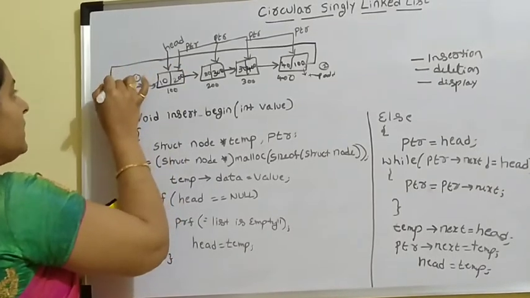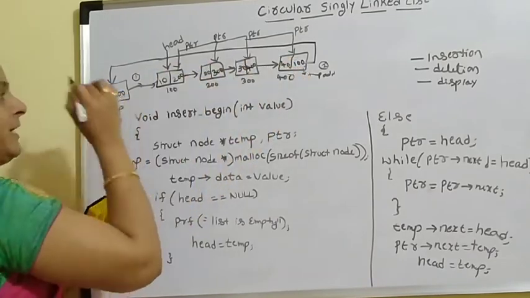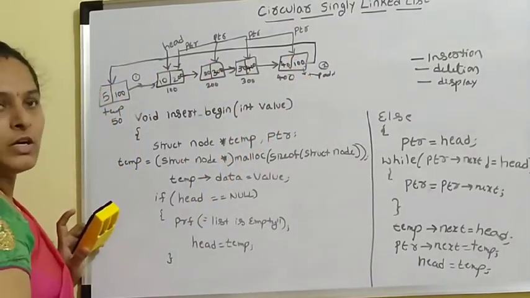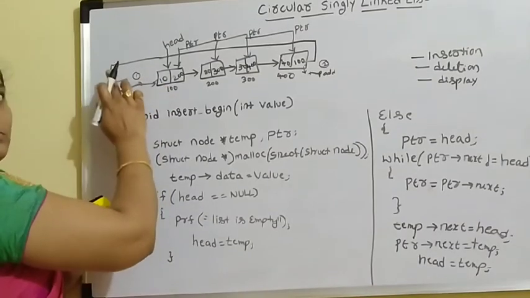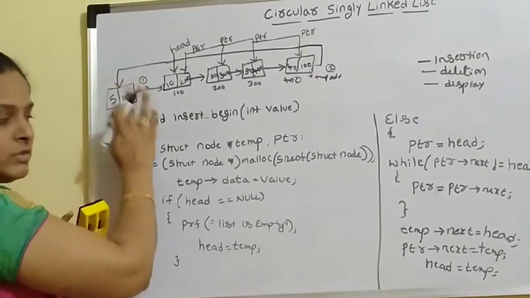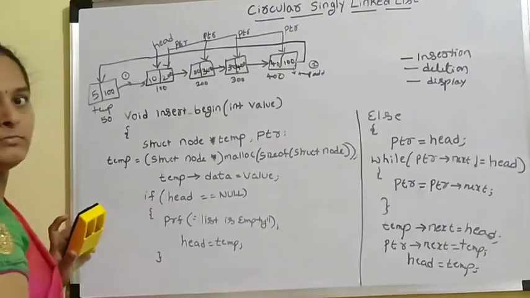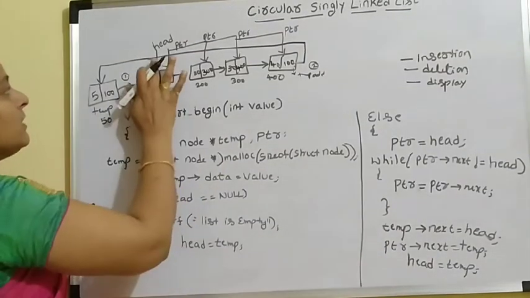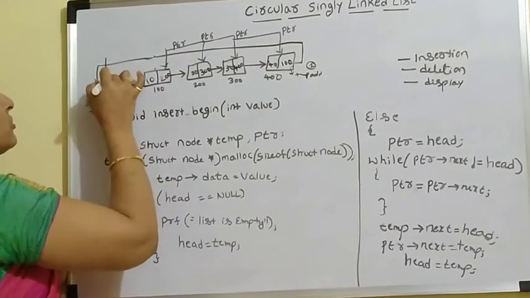Now the last node is pointing to temp. After insertion, this is our head node. That is the reason why we need to move the head pointer also to the temp node. So here I am assigning the temp address to the head. With that statement, the head will move to the first node.